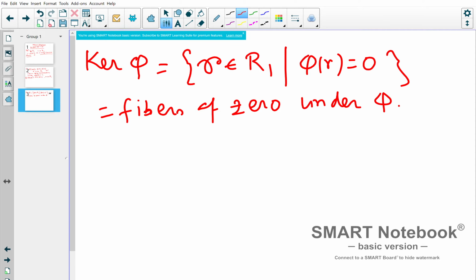Similarly, if you have a bijective morphism, then it is an isomorphism. So what is the definition?